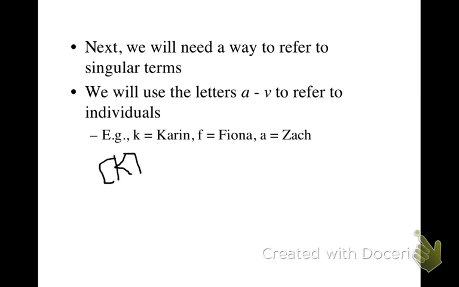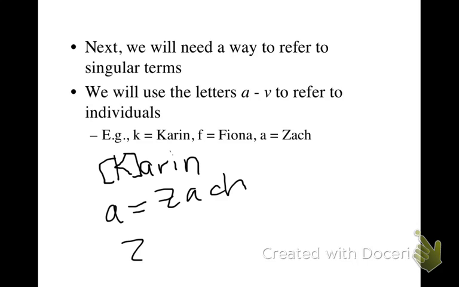So if he wanted you to use k for Karen, when he wrote Karen, he would put the K in square brackets. If he wanted you to use a for Zach, he could either say a equals Zach, and that would tell you, or, since there's an A in Zach, he could put that A in square brackets. And that would say, okay, when you symbolize Zach, use the letter a.